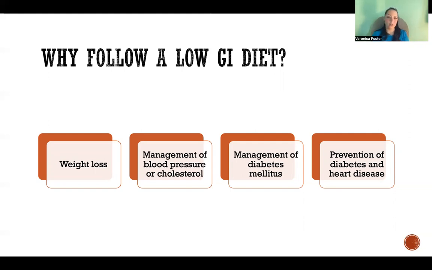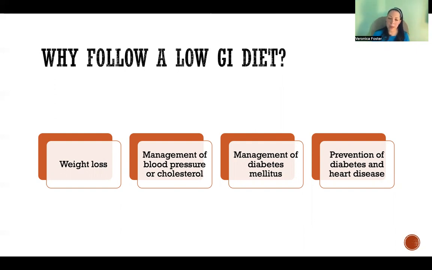So the more we're eating foods that are causing secretion of insulin, the more likely it is that we are storing some of that glucose as fat. So if we're eating a low GI diet, that also means that we're going to have better control of our insulin and we're going to have less excess insulin that's causing excess glucose to be stored as fat.